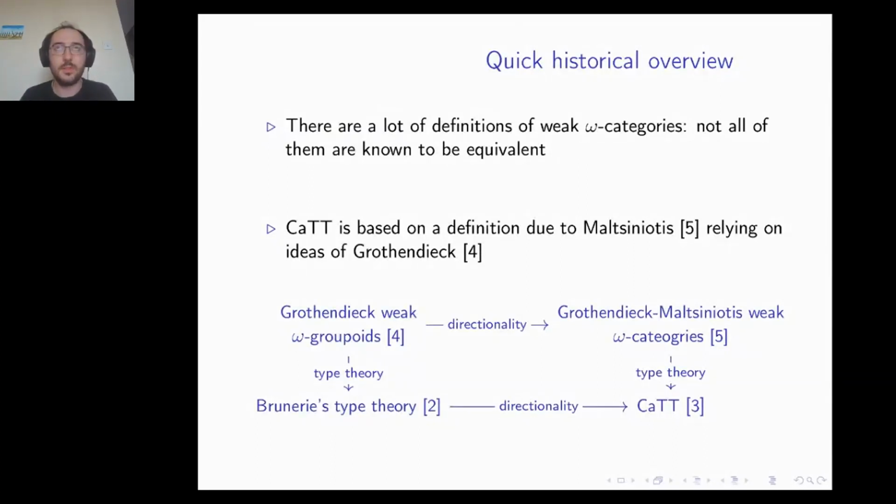So he has translated this definition into a type theory. And in the other way, Maltsiniotis has added some directionality to this to get weak omega categories. And you can think of CAT as sort of the pushout of these two. So either it's like Maltsiniotis's weak omega categories translated into a type theory, or it's Brunnery's type theory to which you add some directionality.